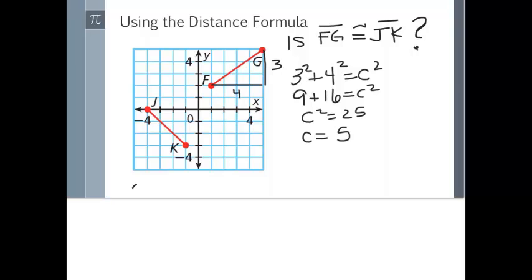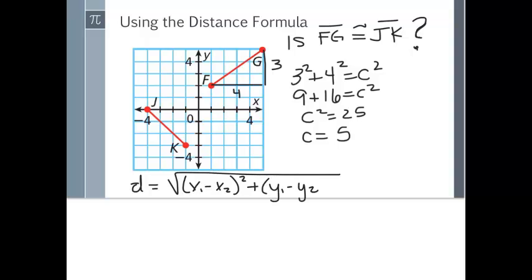All right, so the distance formula says d is the square root of x1 minus x2 squared plus y1 minus y2 squared. Now, why do I say that this is the Pythagorean theorem in disguise? Take a look. If we were to square d, this square root disappears, right?